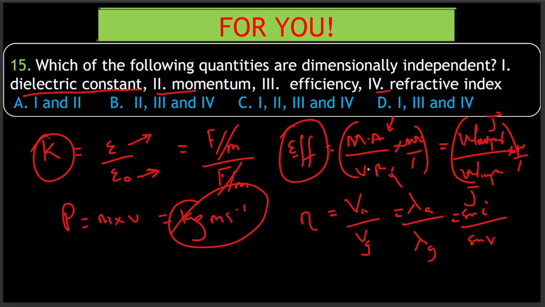Whichever one you like, you discover that the unit on top will cancel the unit below. So this is unitless. So if we take away momentum, we'll be left with I, II, and IV. So D is the correct option.